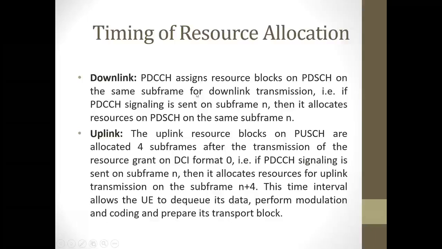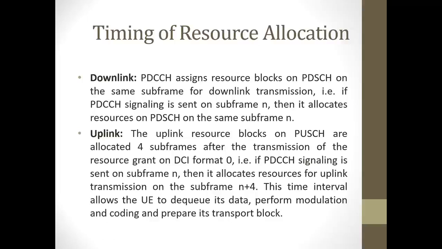But for the downlink, it's not required. For downlink, the eNode B creates the data. It decides the MCS and creates the data packet. Once the packet is ready for transmission, it sends the PDCCH signaling that it is going to send you data, and it sends the data. This is because in the downlink the transmitter is the eNode B, and it creates the data for transmission.